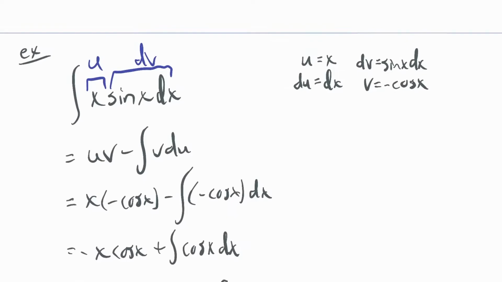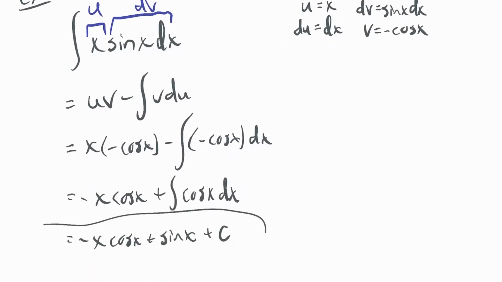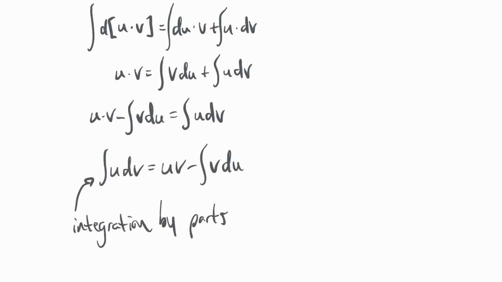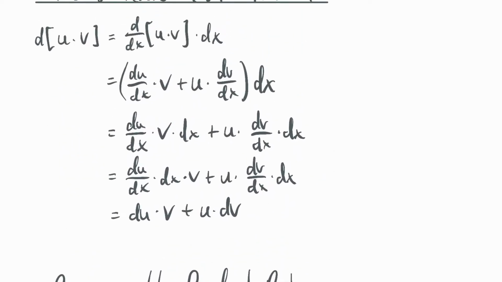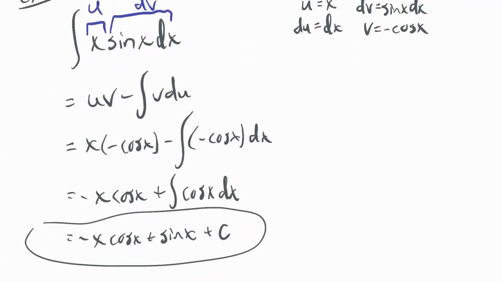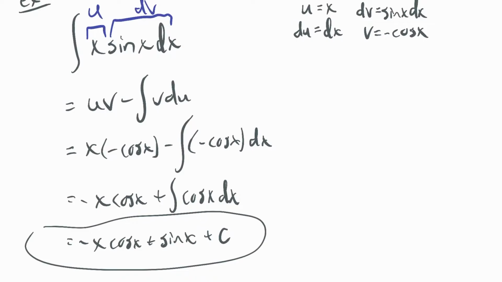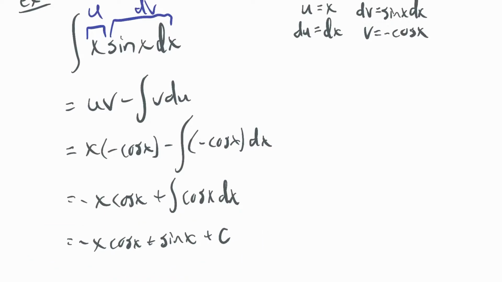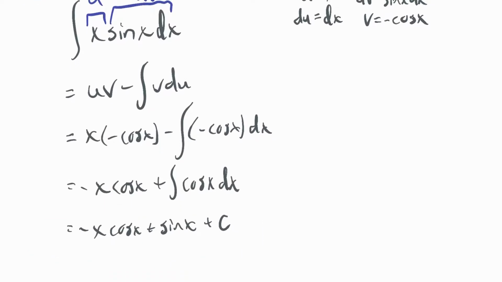Let's check that this is correct. Because I can say this, and you go, okay, fine. If you followed the rearrangement I was doing up here, then that's great. But how do we know this is correct? Anytime you have an antiderivative, by definition, an antiderivative is some function that when you find the derivative, you get the original. So let's find the derivative of this and confirm that we really do get x sine x, right?